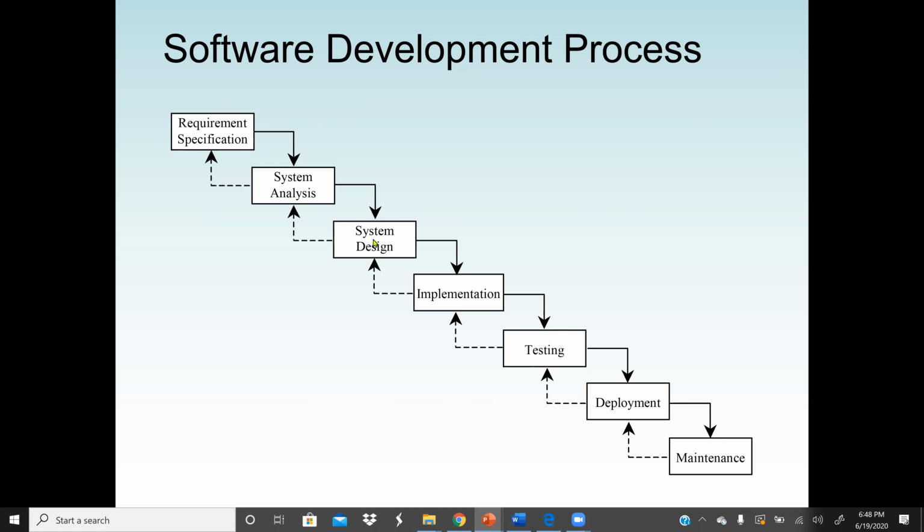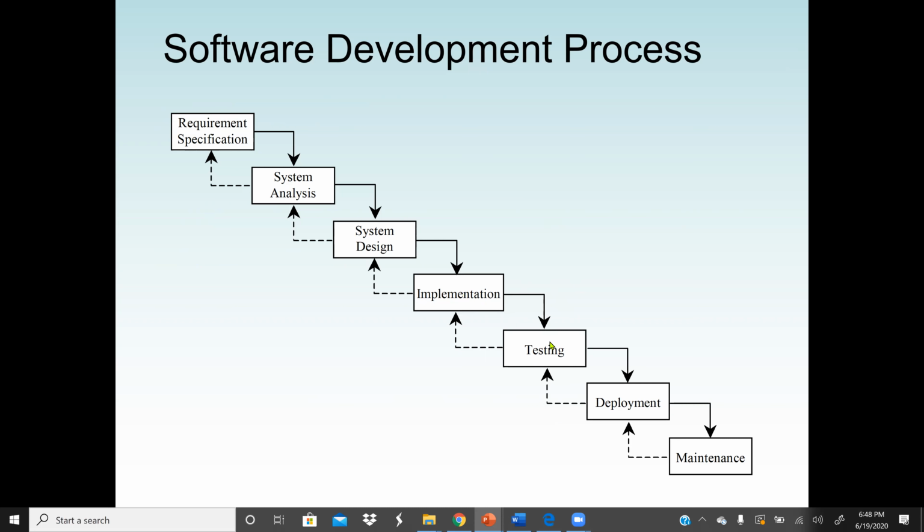Then after the design phase, this is where we are going to use our programming language, the main tool. In this course, we are studying Python. So we are going to use Python to implement the system. This is where we develop the system, the implementation phase. After we develop the system, we test it.